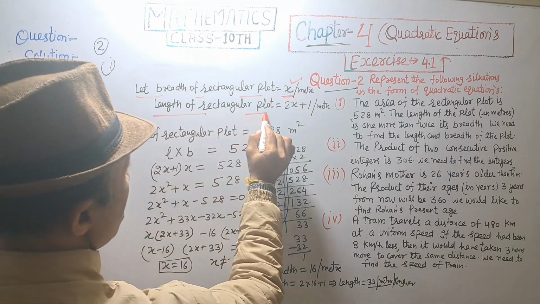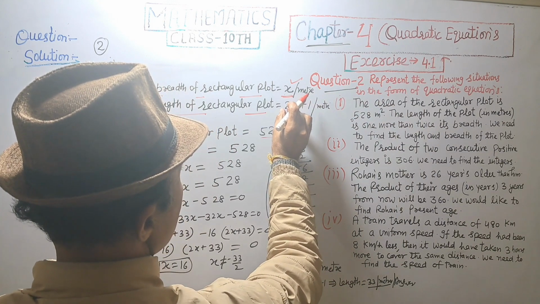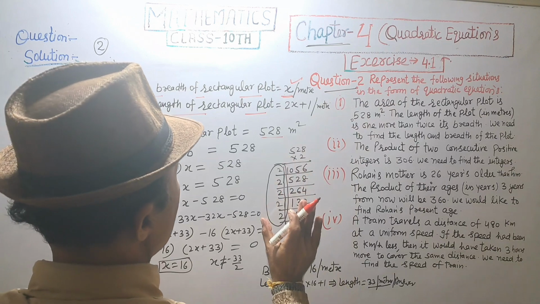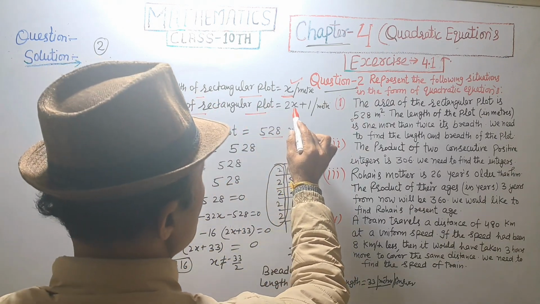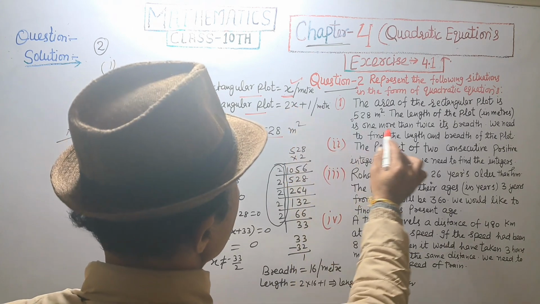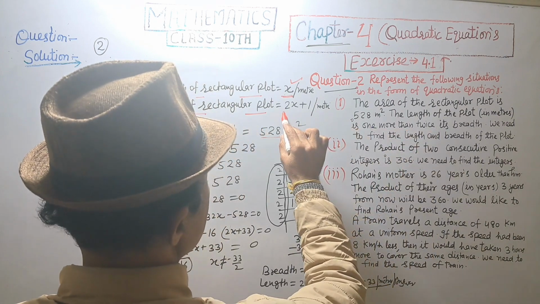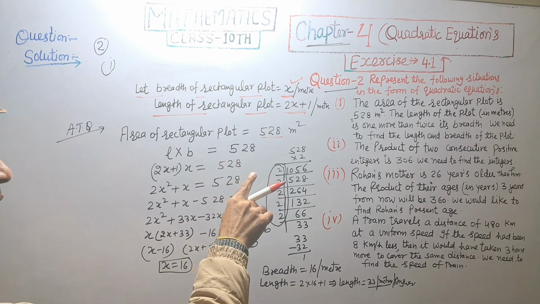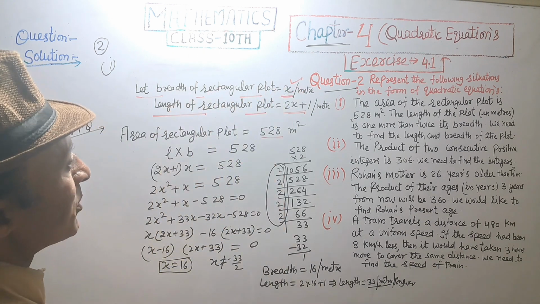Length of the rectangular plot is twice the breadth plus 1, that is, 2x plus 1. Breadth of the rectangular plot is x meters.